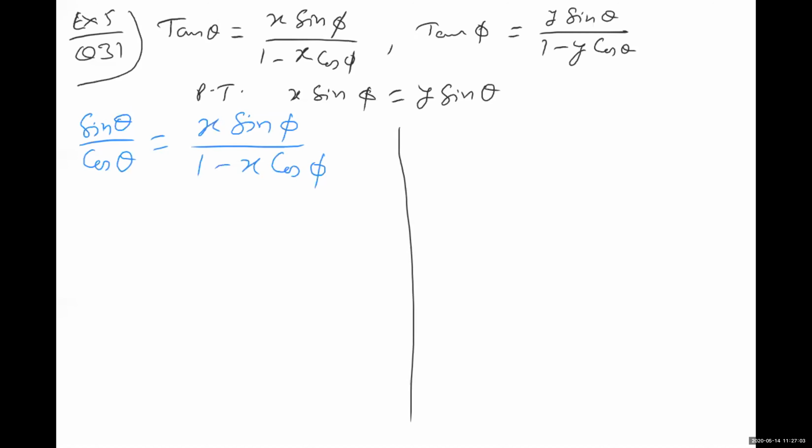Now cross multiply. We can just take it as cot theta is equal to reciprocal. So after that, we'll get cot theta is equal to 1 by x sine phi minus cot phi.